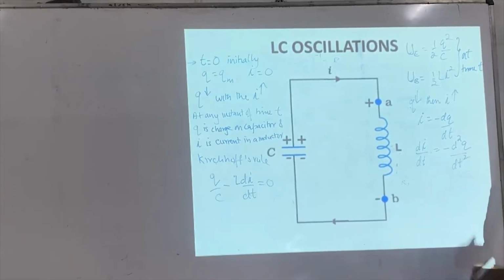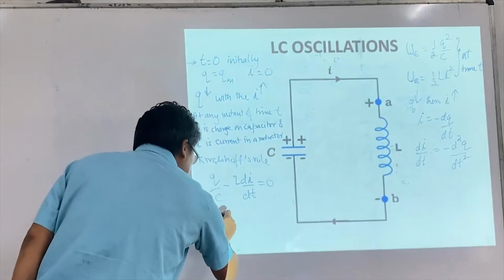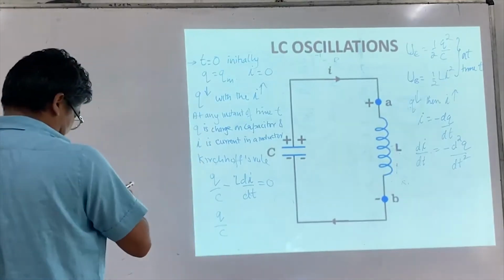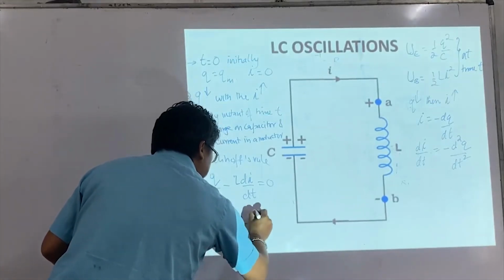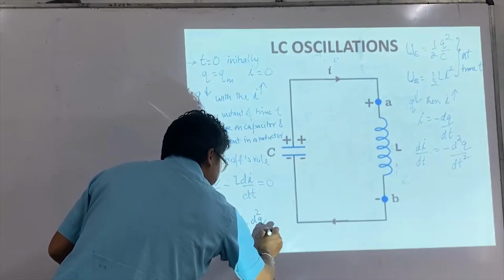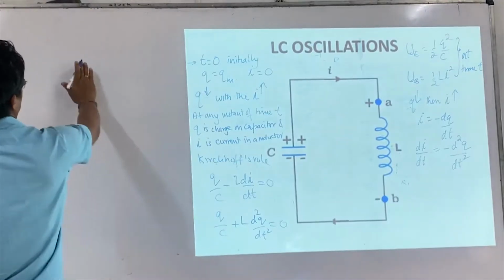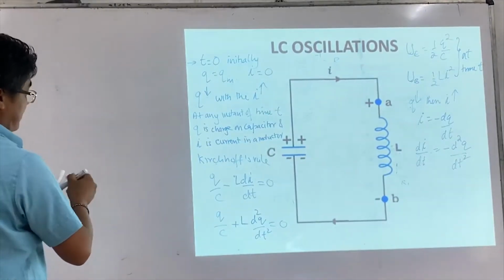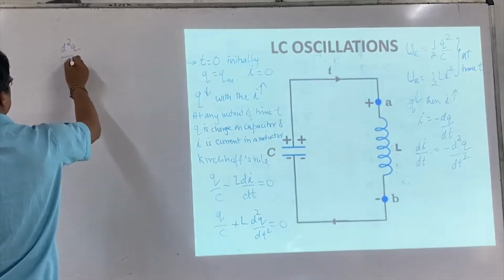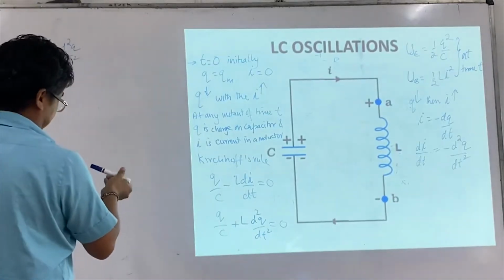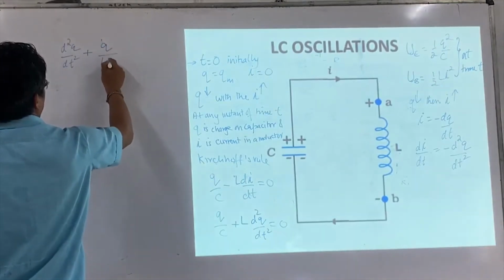This is a second order differential equation, right? So I substitute this: minus L times minus d square q by dt square, plus q by LC equal to 0.